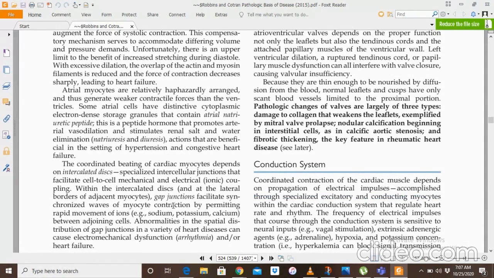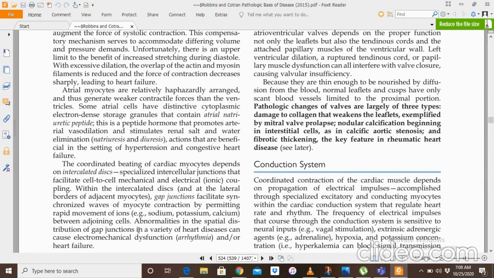Within the intercalated disc and at the lateral borders of adjacent myocytes, gap junctions facilitate synchronous waves of myocyte contraction by permitting rapid movements of ions, sodium, potassium, calcium, between the adjoining cells. Through these gap junctions, the ions can easily move from one cell to another cell.